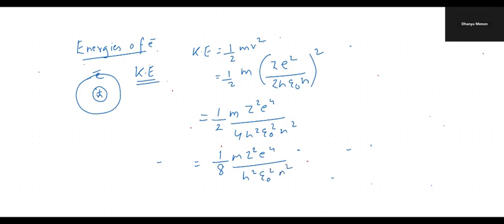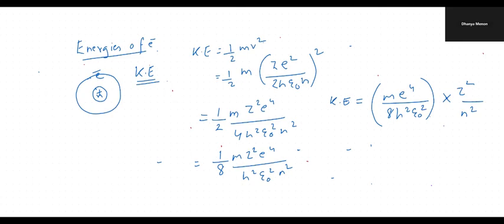Again, assembling all the common terms, the constant terms, m e raised to 4 by h square, and so on, times z square by n square, where z is the atomic number and n is the shell number.